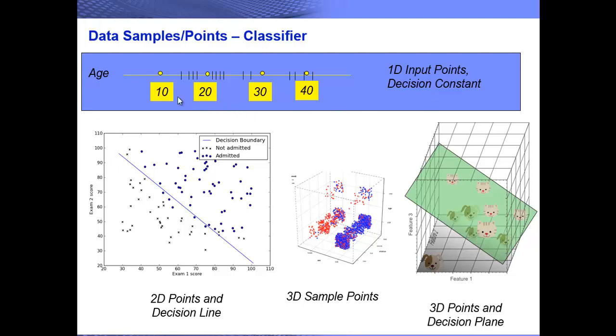Let's say the age of people, and we want to separate whether they are young or old. Let's say we keep 25 as a threshold. So 25 or below are young people, and above 25 are old people. So the data is on one dimension, and the decision boundary is 25, a constant.